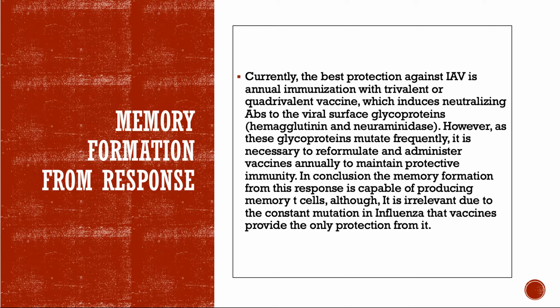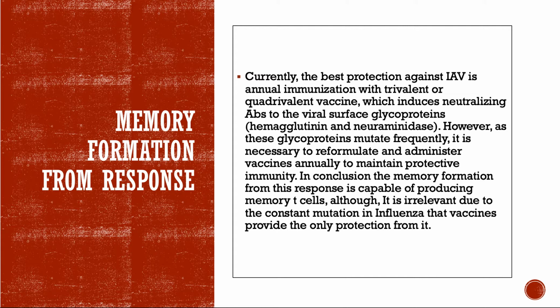Currently the best protection against IAV is annual immunization with trivalent or quadrivalent vaccine, which induces neutralizing antibodies to the viral surface glycoproteins, which would be hemagglutinin and neuraminidase. However, as these glycoproteins mutate frequently, it is necessary to reformulate and administer vaccines annually to maintain protective immunity.